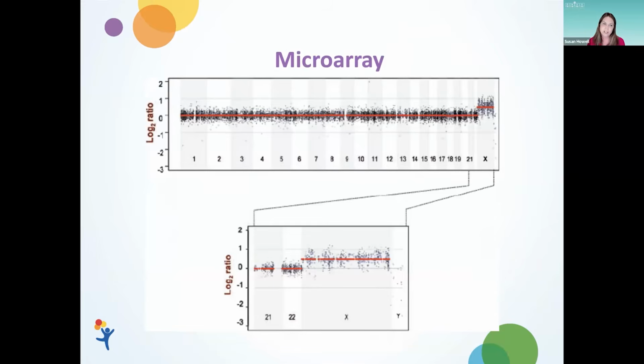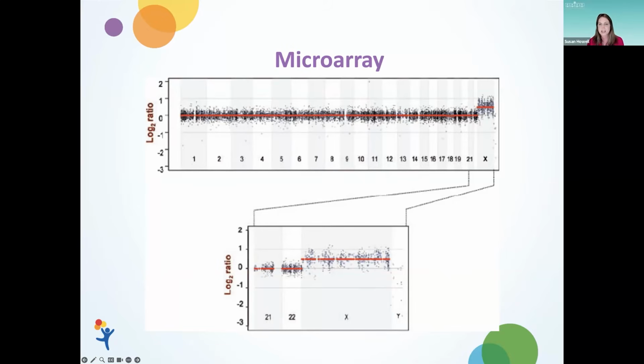The other test that can be done is called a microarray. This test looks at each individual chromosome pair, so the number 1, the number 2, and 3, and so forth. It's using probes that attach along the length of the chromosome and demonstrate copy number. In this depiction, a 0 represents 2 copies of the first chromosome and 2 copies of the second chromosome, all along the length.